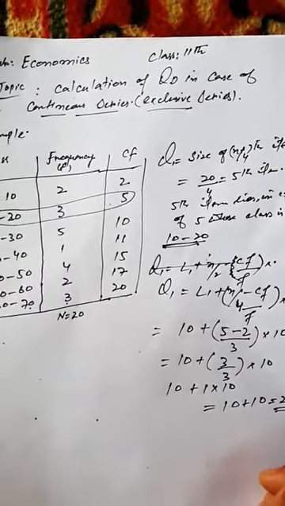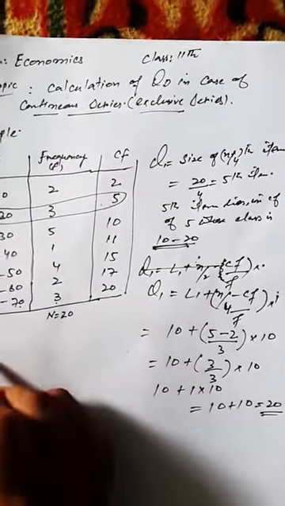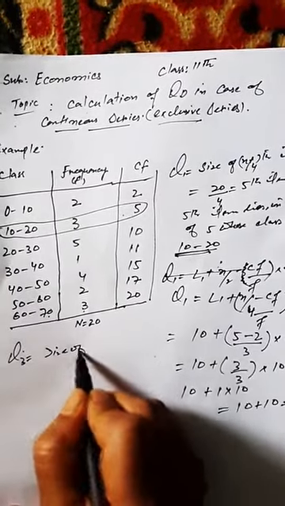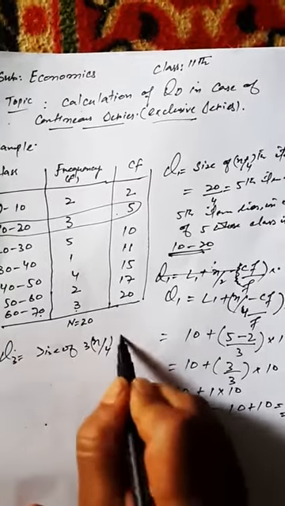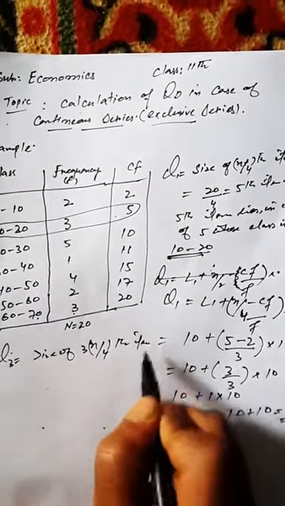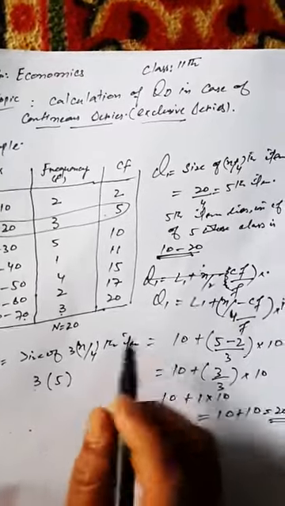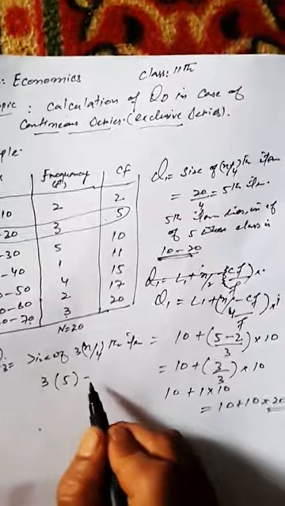Now we will find Q3. Q3 is size of 3n by 4th item. N divided by 4 is 5, which we have calculated here. So 3 into 5 is equal to 15.